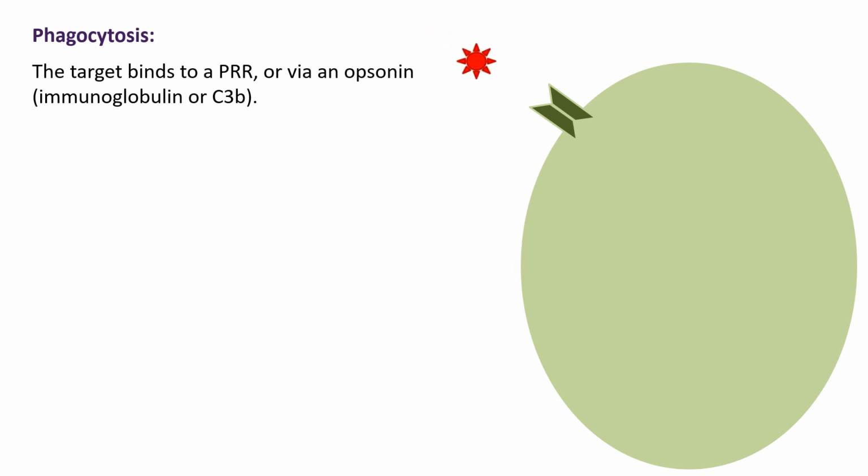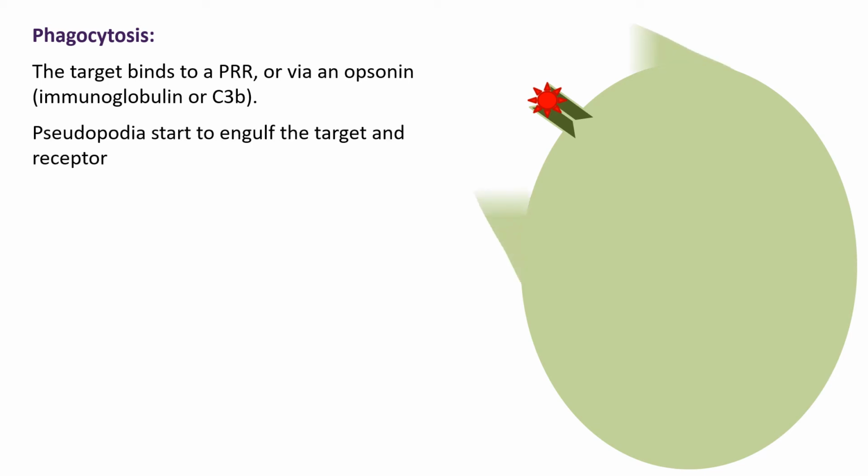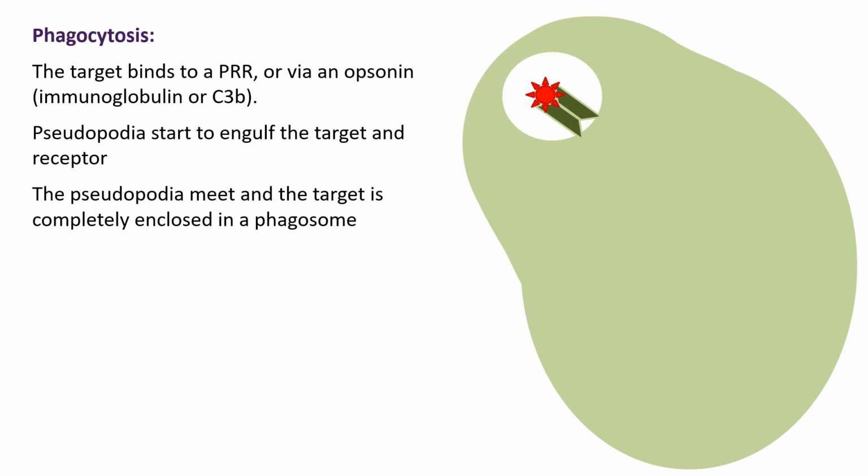So, as we said, the target binds to the pattern recognition receptor or via an opsonin, such as an antibody, immunoglobulin, or C3b. Pseudopodia start to engulf the target and the receptor. The pseudopodia meet, and the target is completely enclosed in a phagosome.